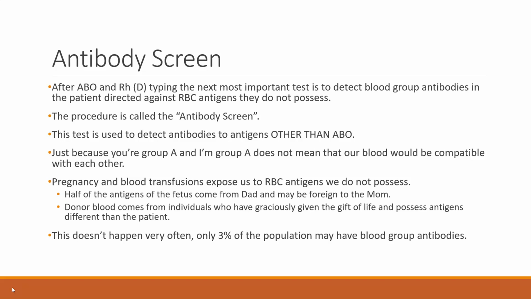So these are the two methods in which people are exposed to antigens that they do not possess. This doesn't happen very often. Only 3% of the population may have blood group antibodies against red cell antigens they do not possess.